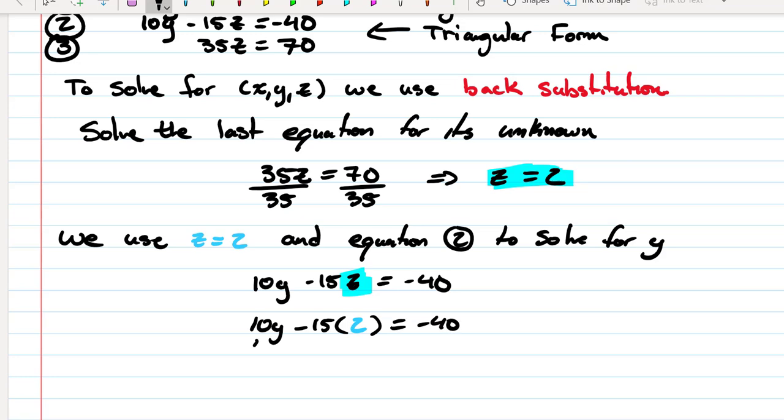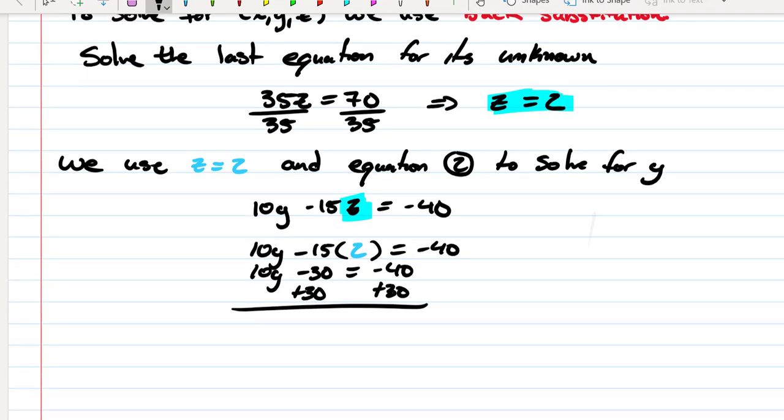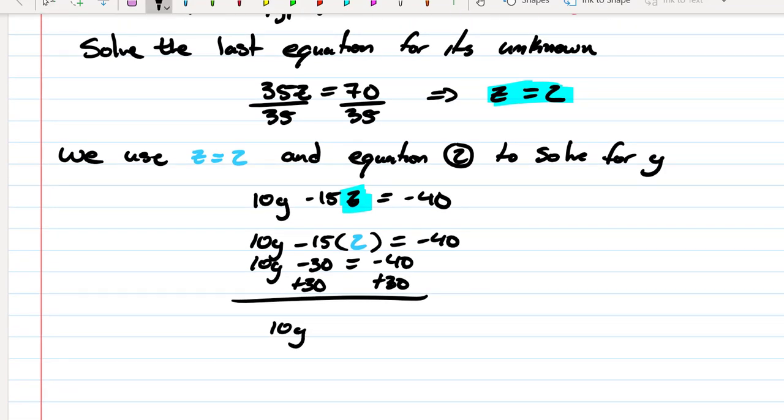That gives us 10y minus 30 equals negative 40. So we add 30, and that gives us 10y is equal to negative 10. So then we divide both sides by 10, and that gives us that y is the same as negative 1.